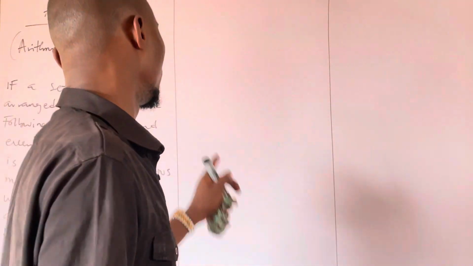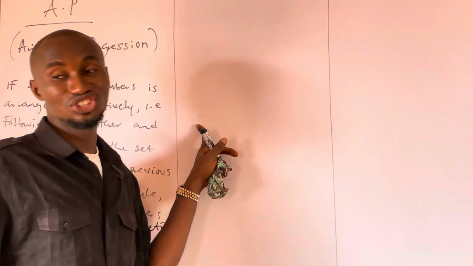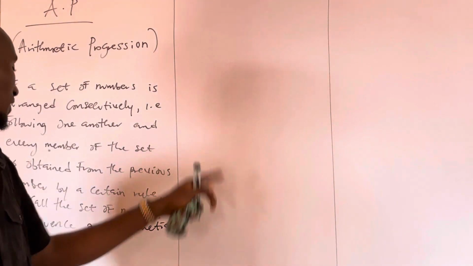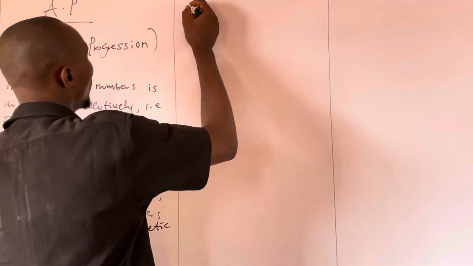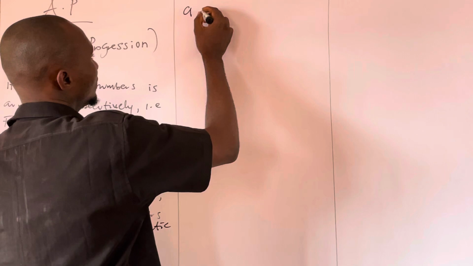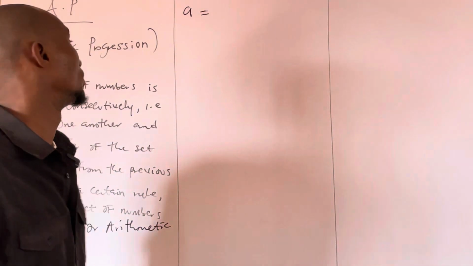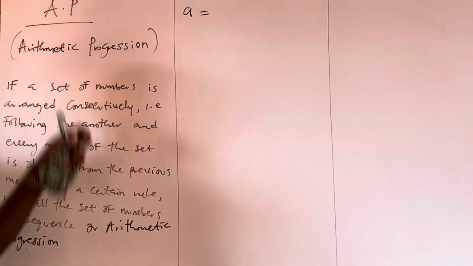I have a lot to teach you on this, but this is just an introduction to this. What I want you to learn today is what we call A, like the terms you need to know in this topic.